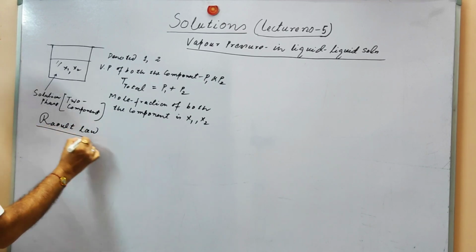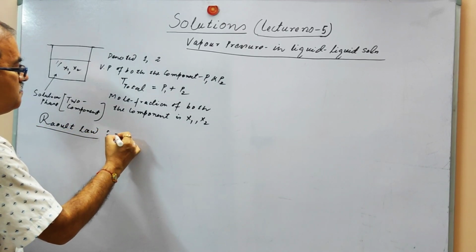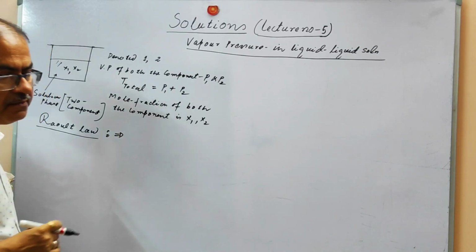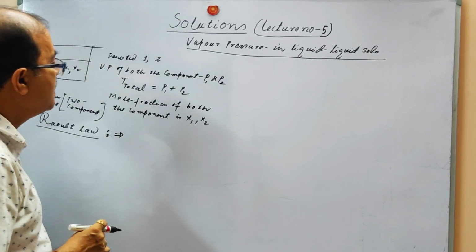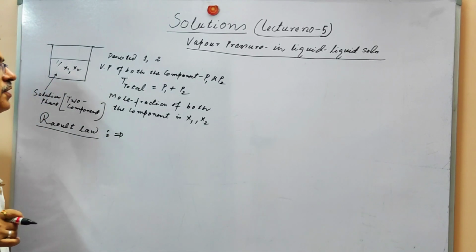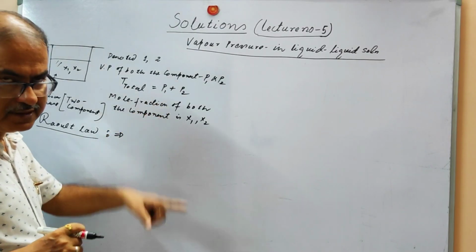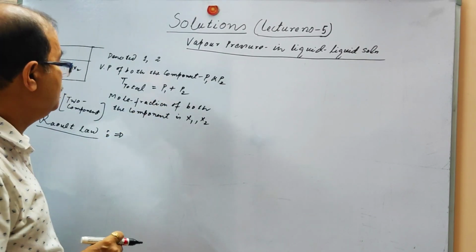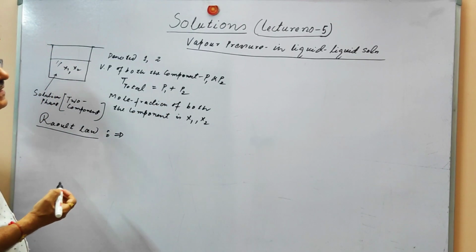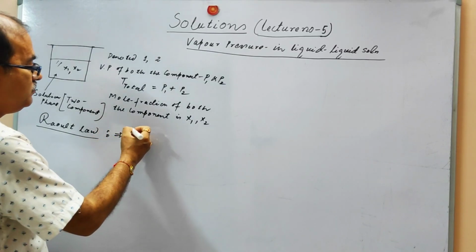Raoult's law tells about the relationship between the partial vapor pressure of the two components and their mole fractions in the solution. So let us understand what it tells.